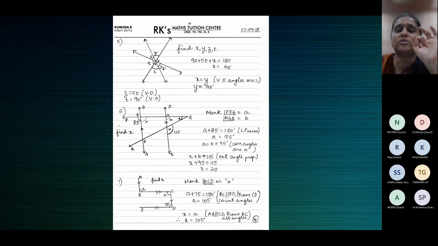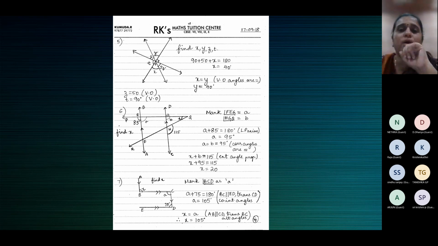These are the rules which we'll be using. Alternate angles equal, corresponding angles equal, co-interior angles supplementary, vertically opposite angles equal, exterior angle property in a triangle. In a triangle, when two sides are equal, the angles opposite to them are also equal. Linear pair axiom: the sum of the angles on a straight line is equal to 180.